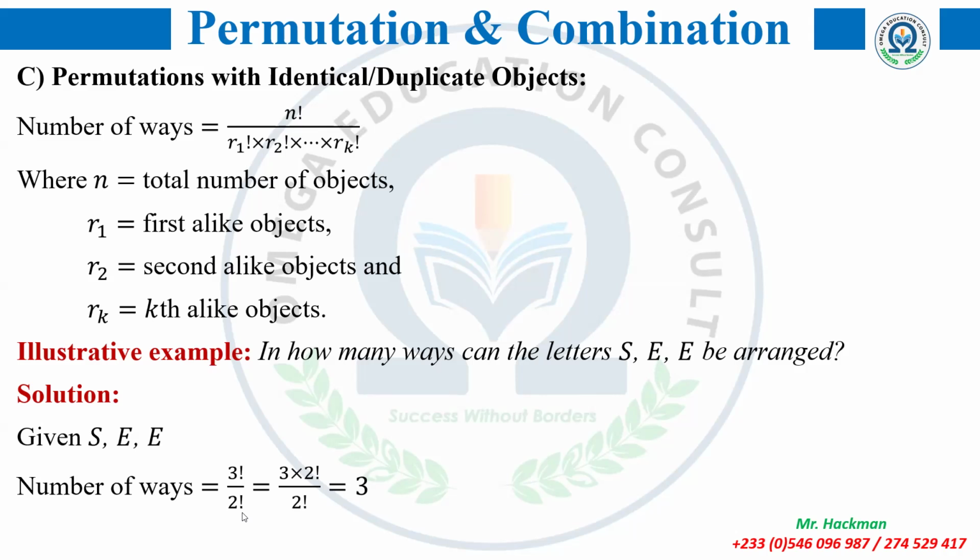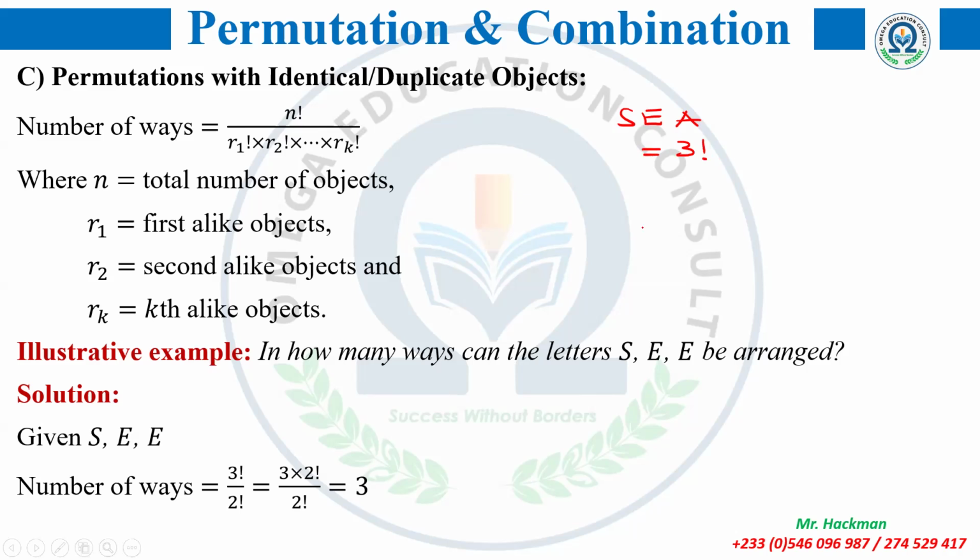In actual fact, please take note. When you were given S, E, A, where you are arranging all of them, we said the number of ways will be equal to n factorial, which gave us 3 factorial. Am I right? Yes.